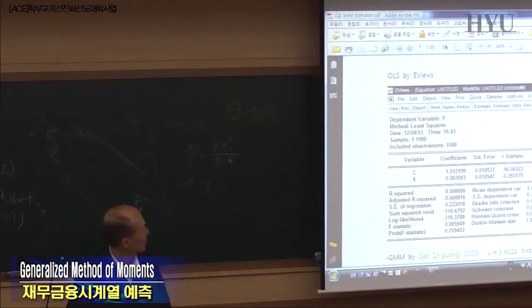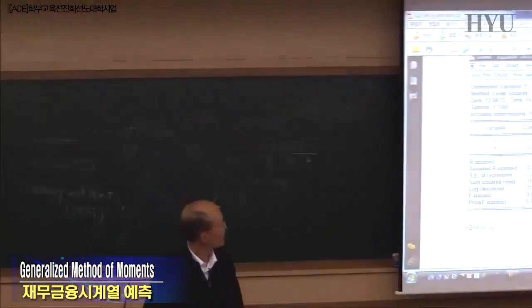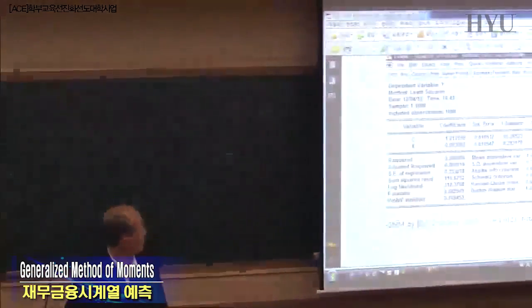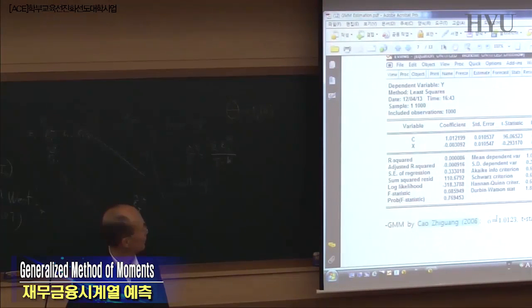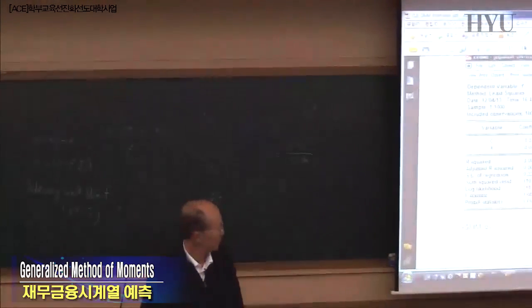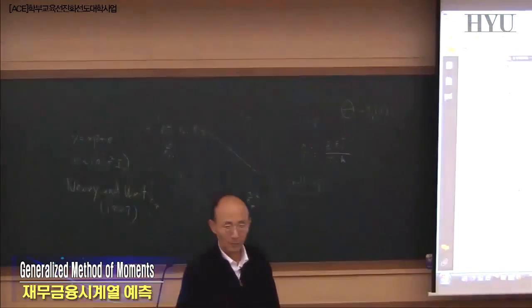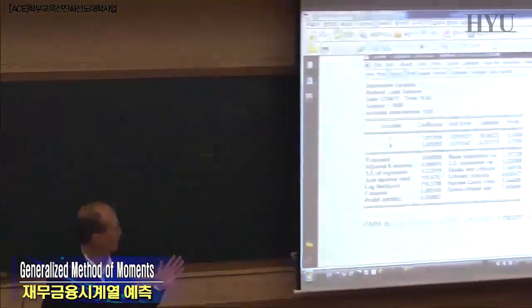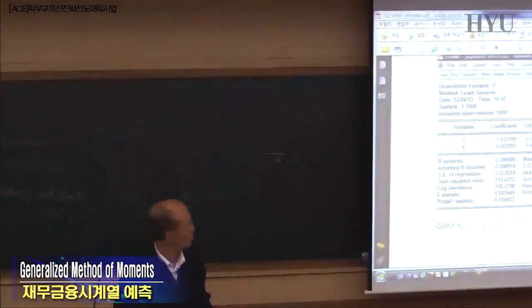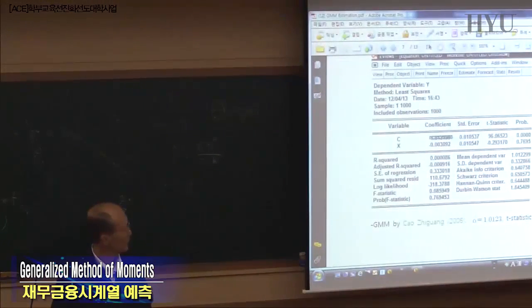So we got this least squares result, and then I ran this MATLAB program, and I found this number to be 1.0123. So very similar, and this is the Newey-West t value, computed from the Newey-West standard deviation of this estimate.